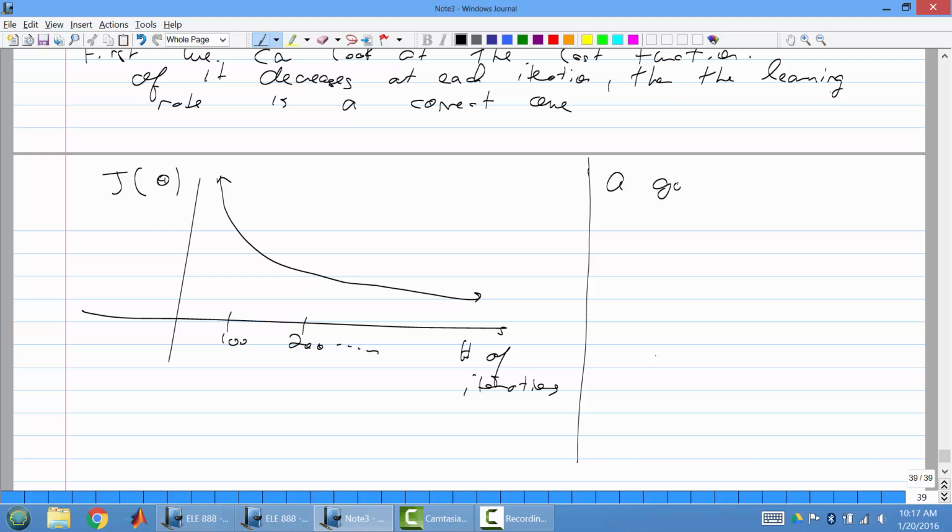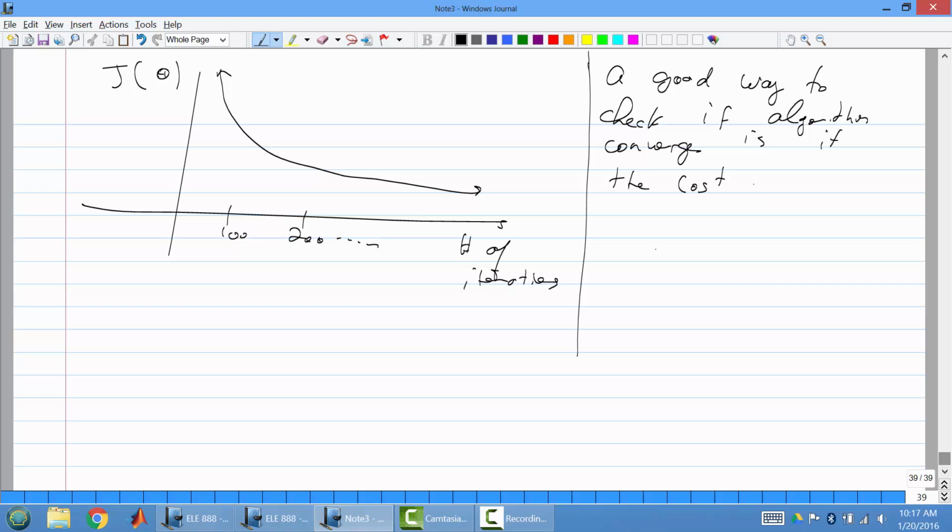So a good way to check if the algorithm converges is if the cost difference between two iterations is less than some threshold, for example something like 10 to the minus 3.